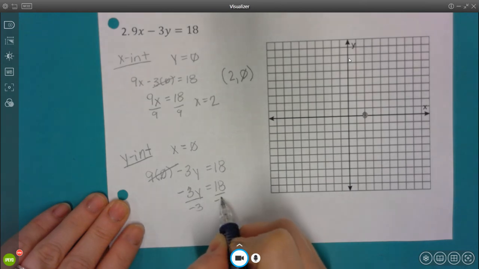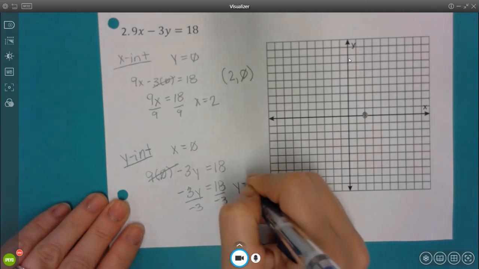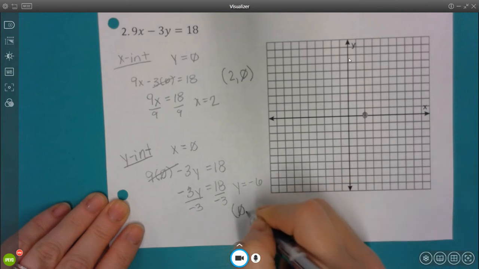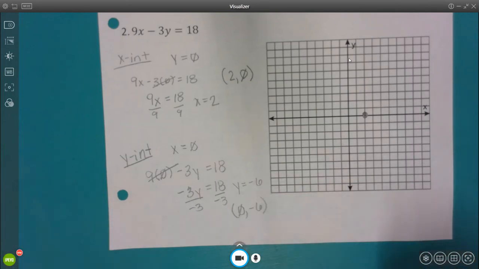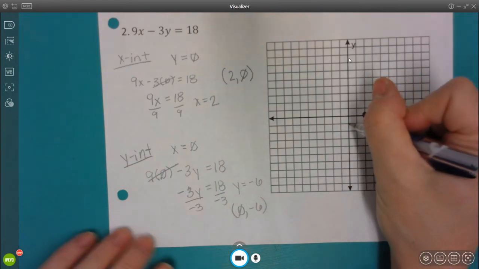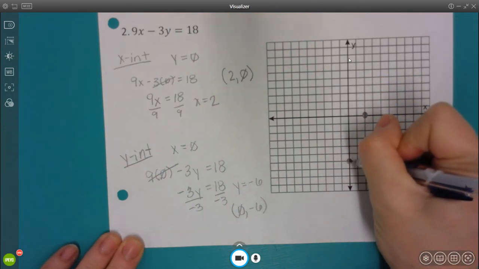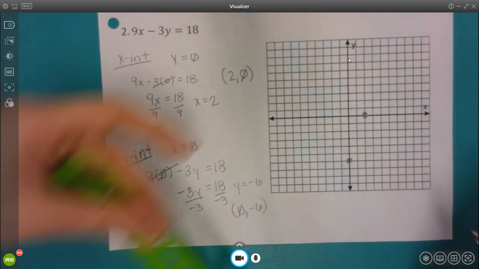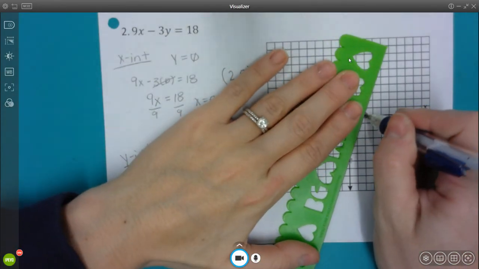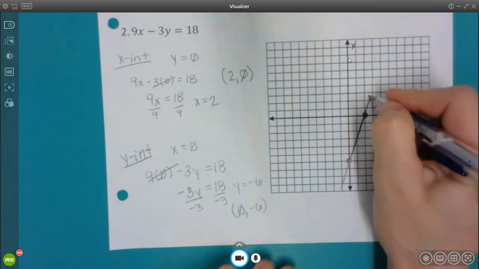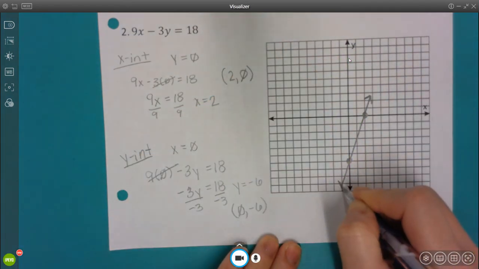Dividing by -3 gives me that y is equal to -6. So my y-intercept is 0, -6. So I'm going to go ahead and count down 6. 1, 2, 3, 4, 5, 6. There is my y-intercept. And I'm going to connect those. And there's my graph.